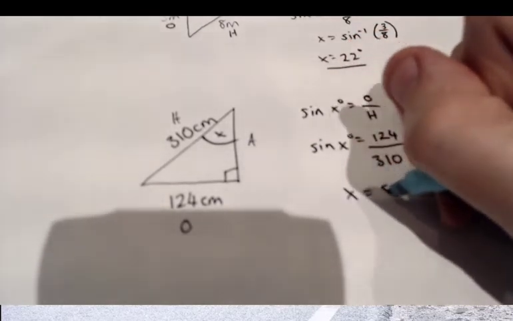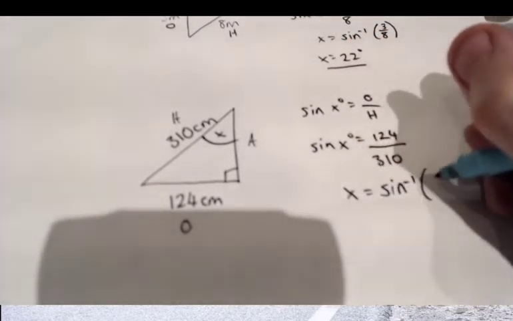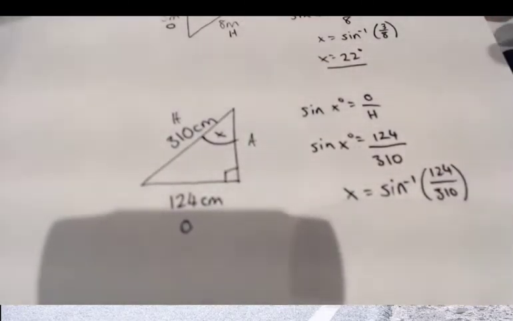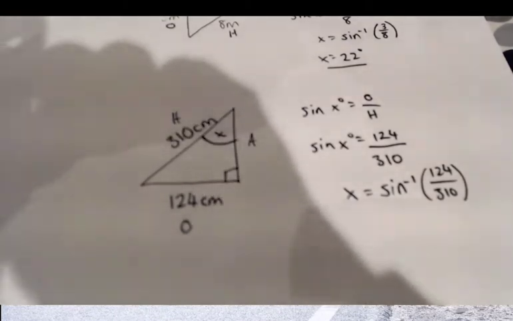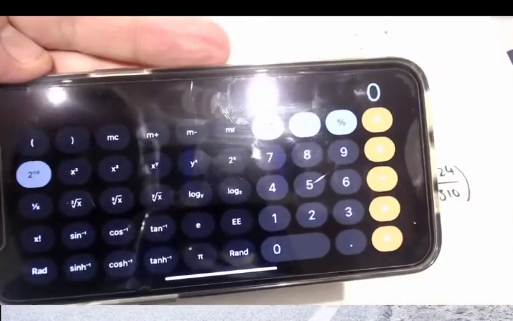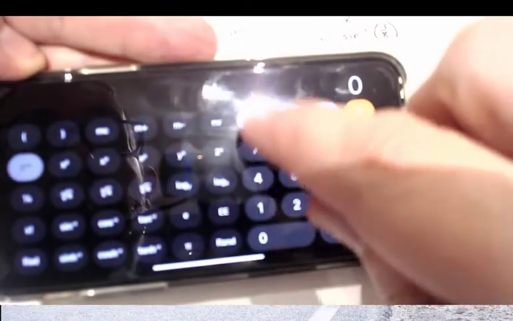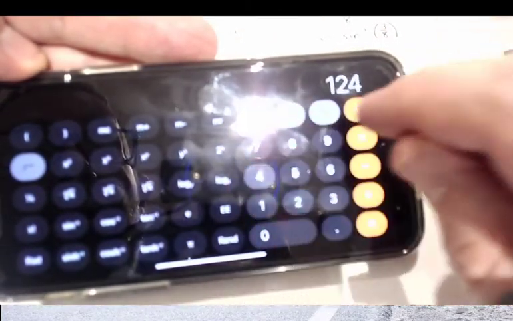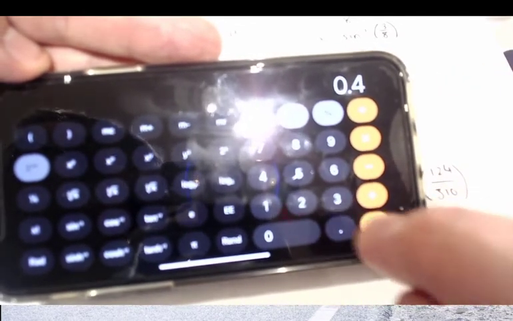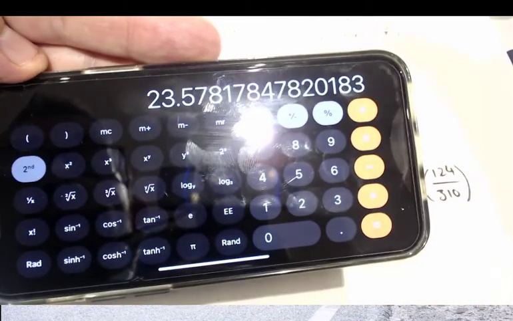I'm now going to get my answer by doing the inverse sine 124 over 310. Go to my calculator. It's the top number divided by the bottom number. So it's going to be 124 divided by 310 equals 0.4, and I come across and hit my sine minus 1 button, 23.6.